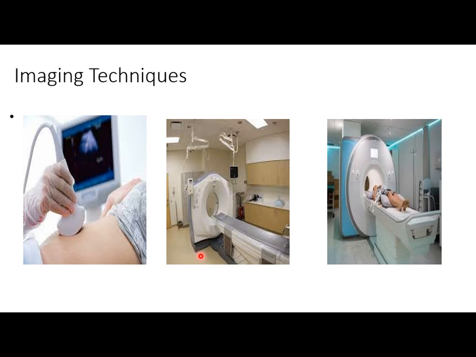Some modification of this protocol can be used, for example, late imaging at 100 to 120 seconds if there is suspicion of thromboembolism or thrombophlebitis. If we suspect active or intra-abdominal bleeding, we use 35 to 40 seconds and a late venous phase. Also we can use contrast in a CT of the chest to exclude pulmonary embolism.